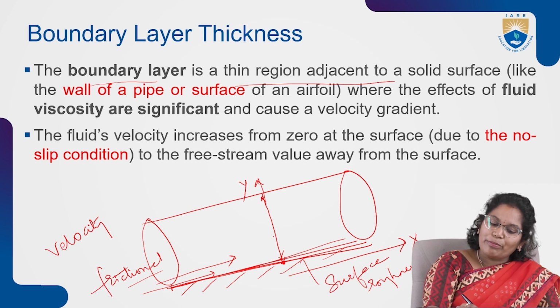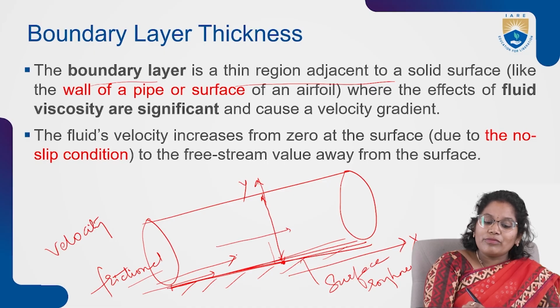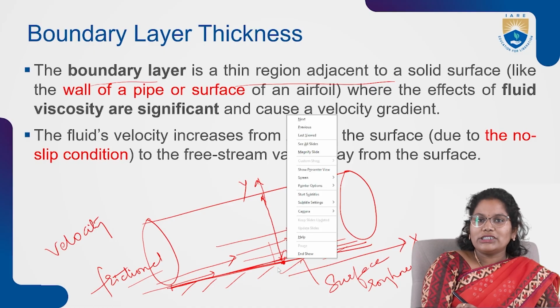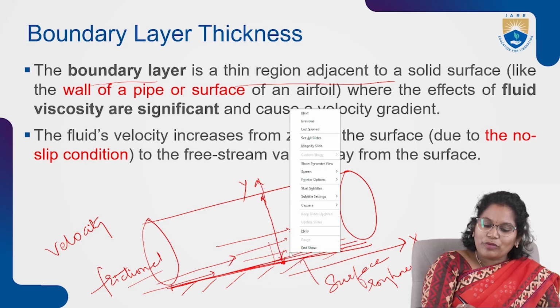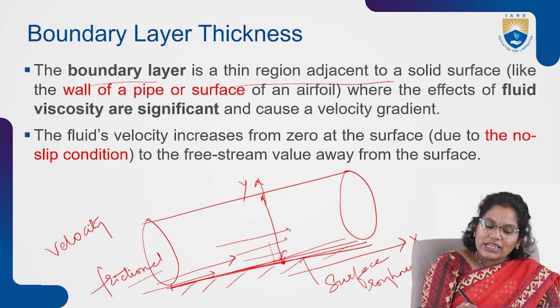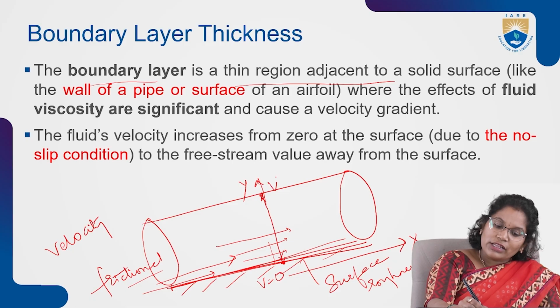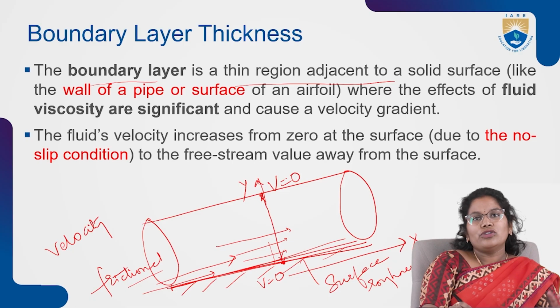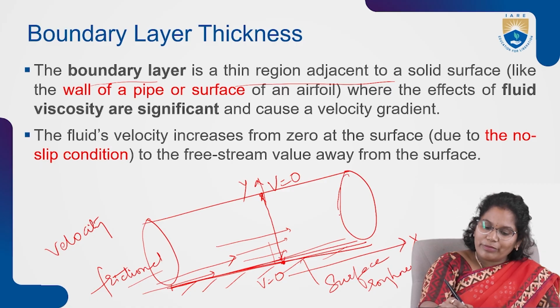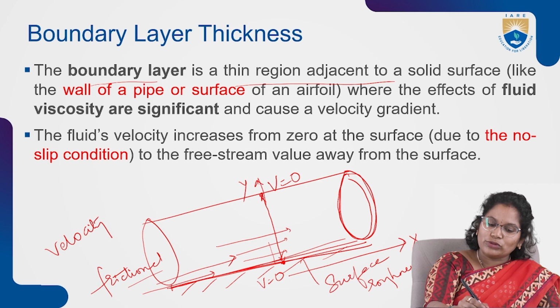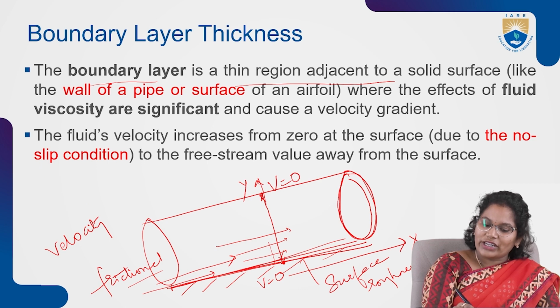As you are moving upwards away from this boundary, you see some velocity variations. The velocity is completely zero at the boundaries. Here also, the velocity is zero. Throughout your pipe, the velocity is zero in 3D.